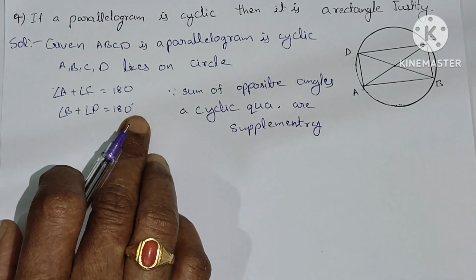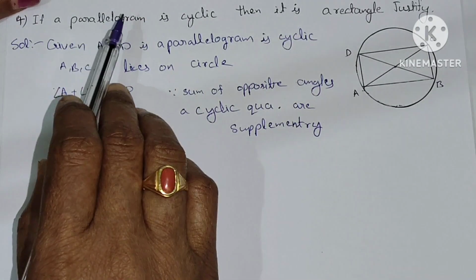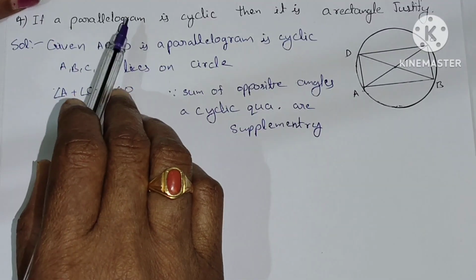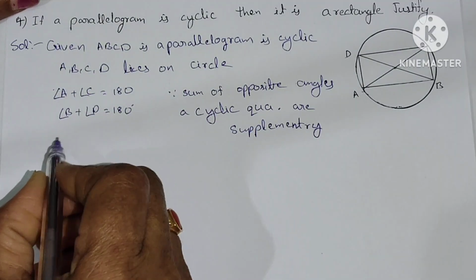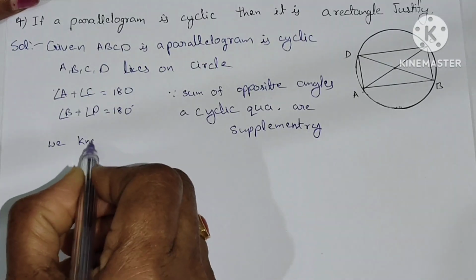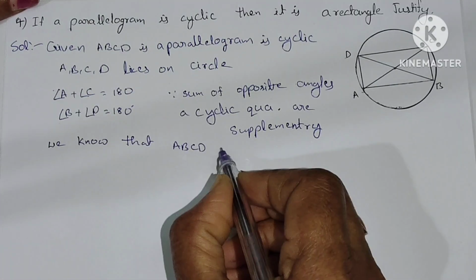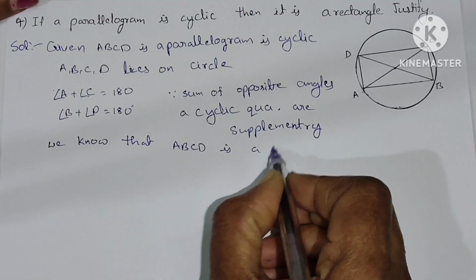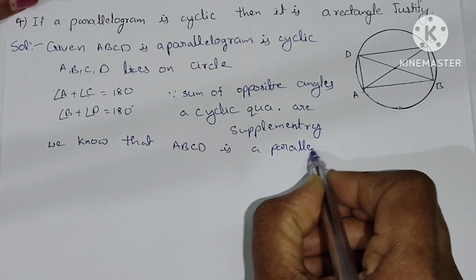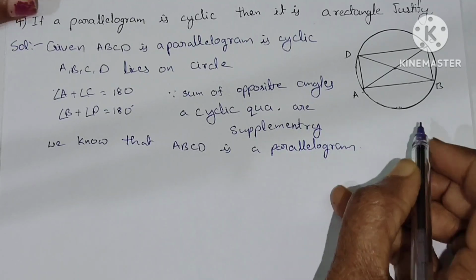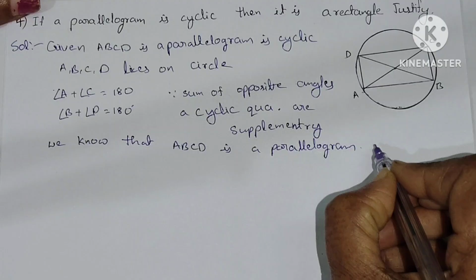Already we know ABCD is a parallelogram, and in a parallelogram opposite angles are equal.